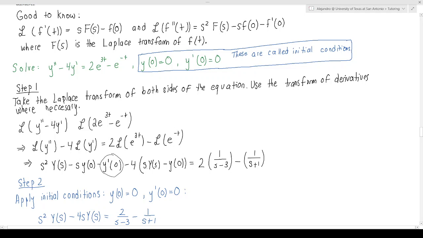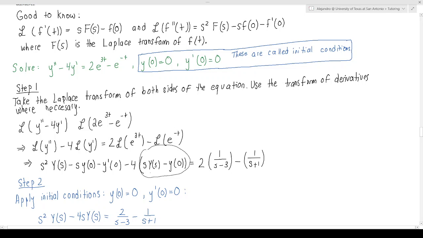That's for the second derivative. We use the second derivative equation here, and in here we use the first derivative equation. Remember, it's 4 times the Laplace of y prime, so that's why it's 4 times this entire thing.